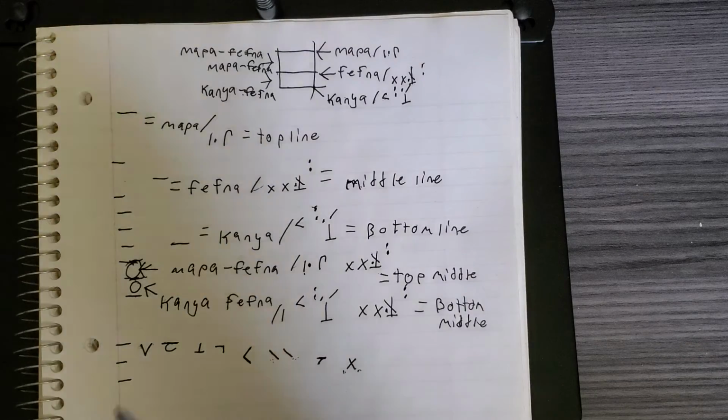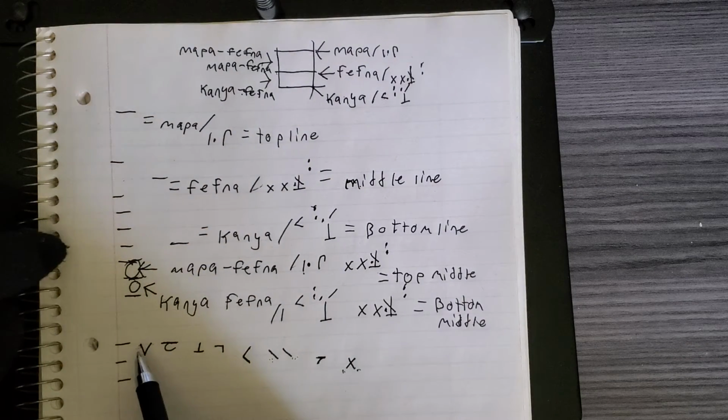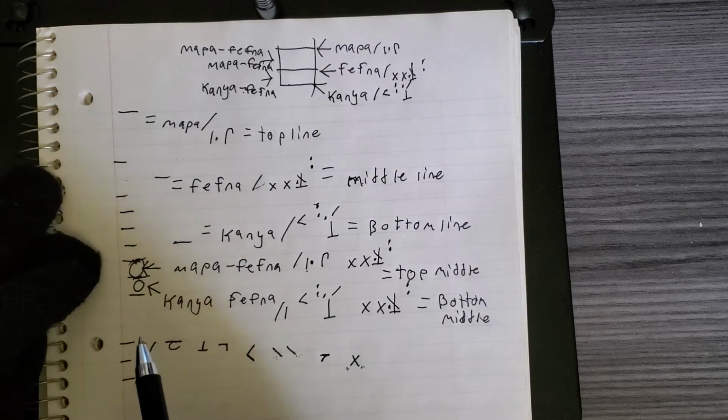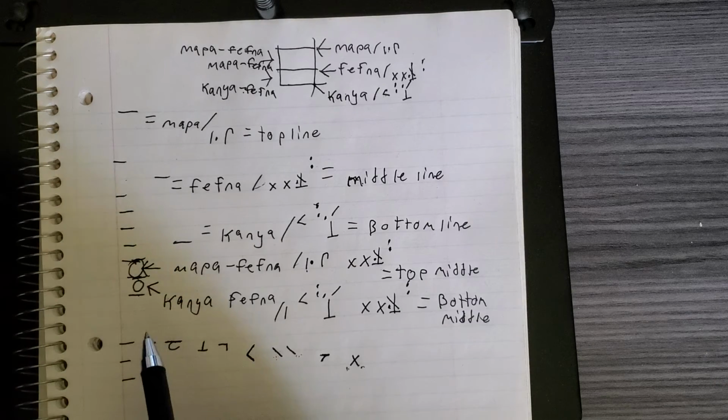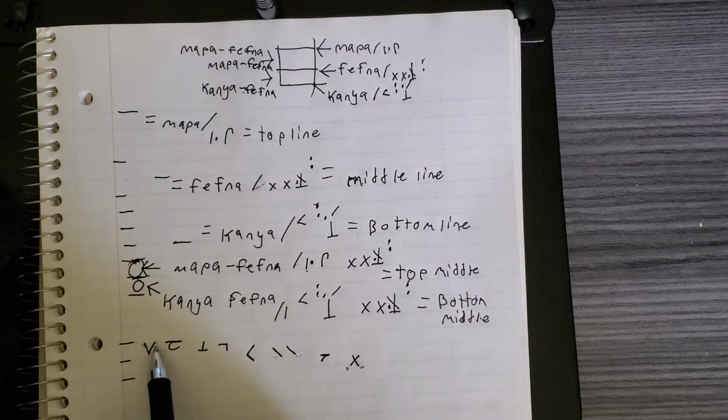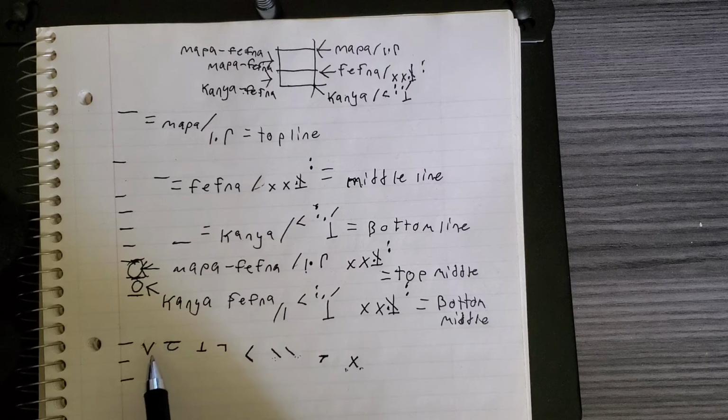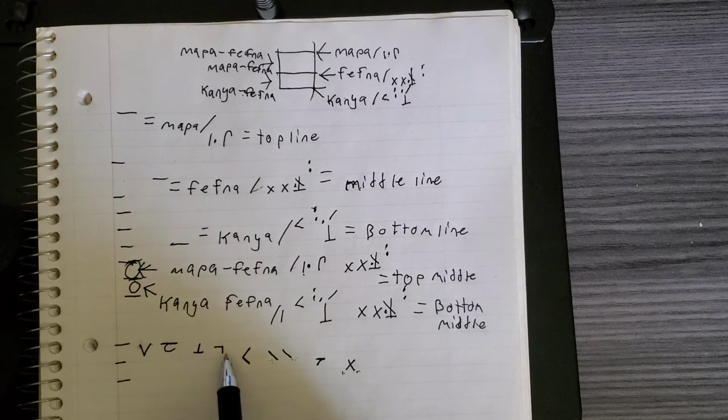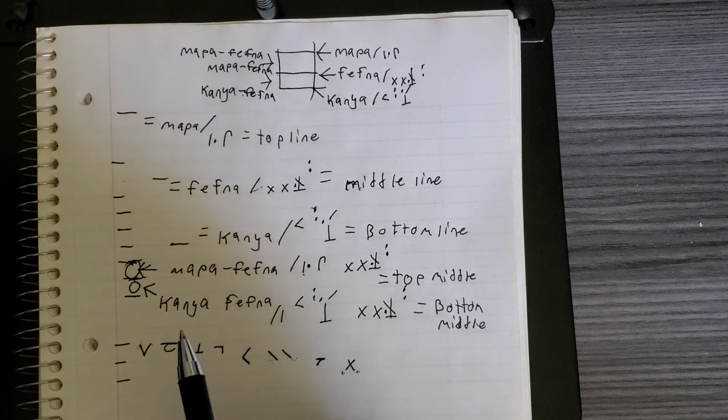So to recap, the reason why these two here are considered mapa letters is because their bases are on mapa. These two here are considered mapa-fefna letters because they're in between the space of mapa-fefna.